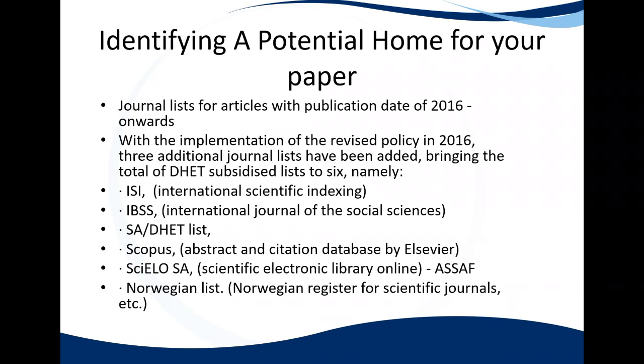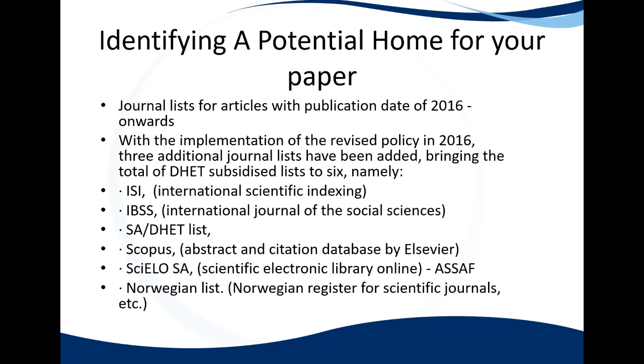So there's a list of journals that would be indexed under the ISI. So these would be your highly ranked journals that have got high impact factors. And then we have the IBSS, we have the DHET list, direct DHET list, we have Scopus, we have CLO, SA, and then we have the Norwegian list.